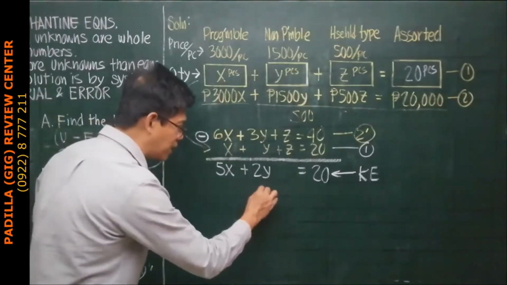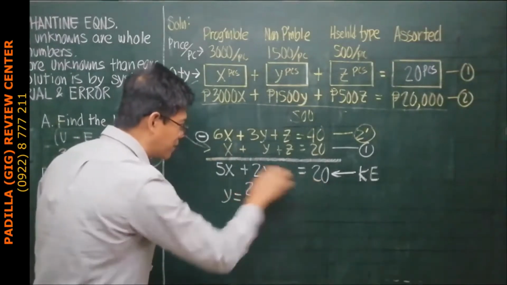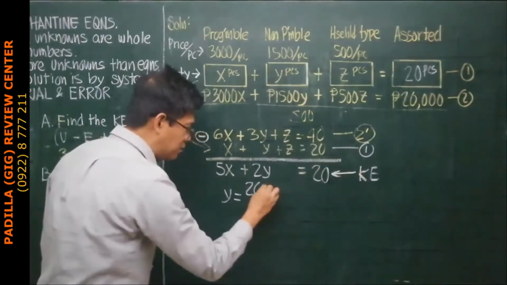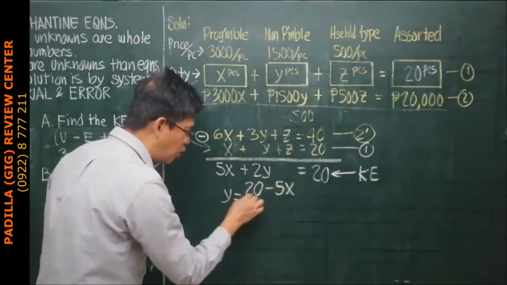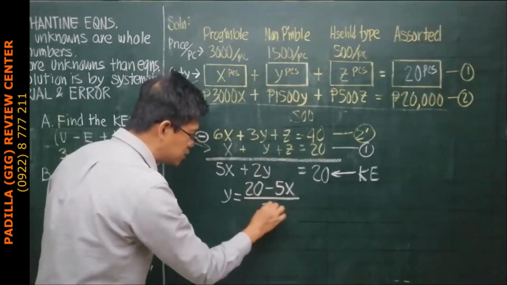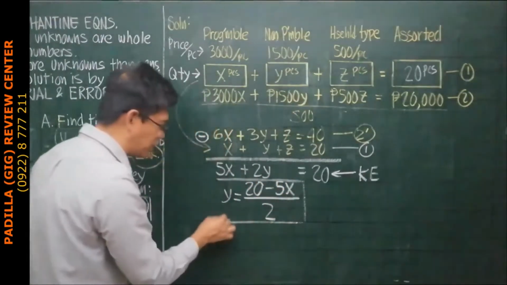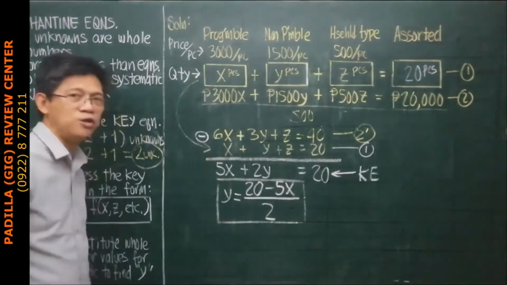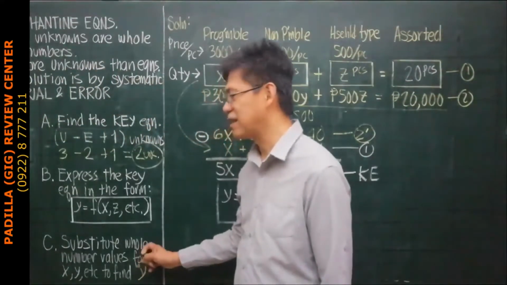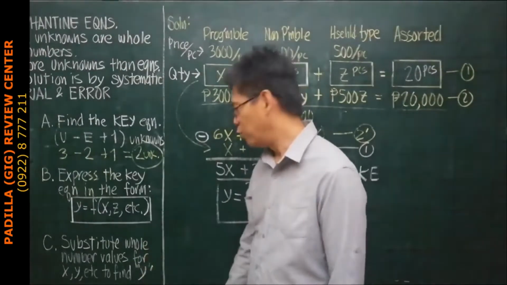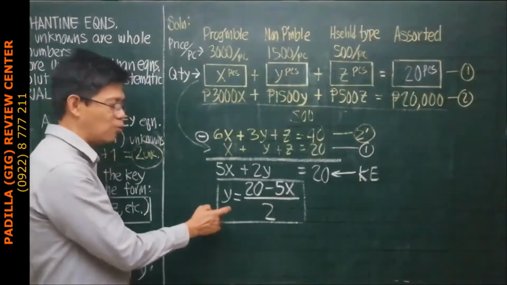So from here, we can have y is equal to 20, move this to the right, minus 5x all over 2. This is now the form of the key equation which we shall use in our systematic trial and error. We substitute values of x to solve y.